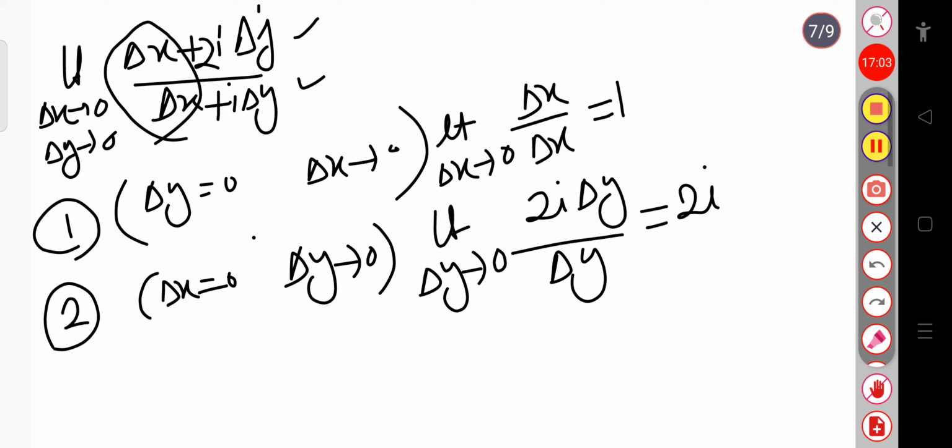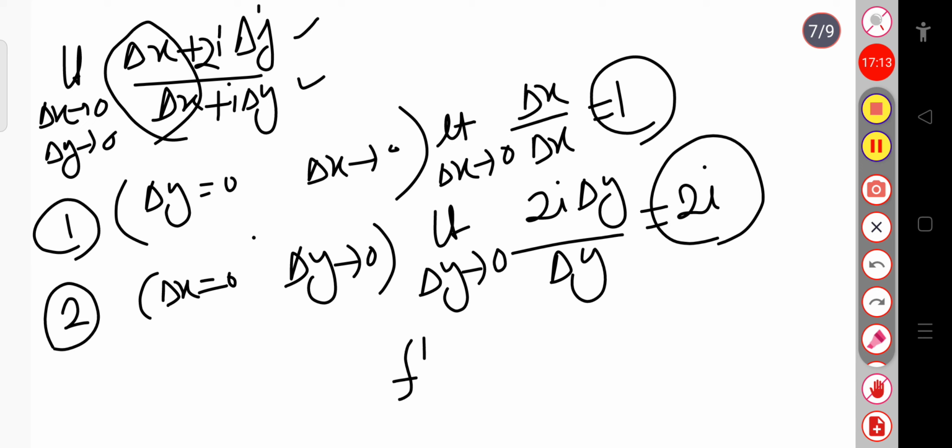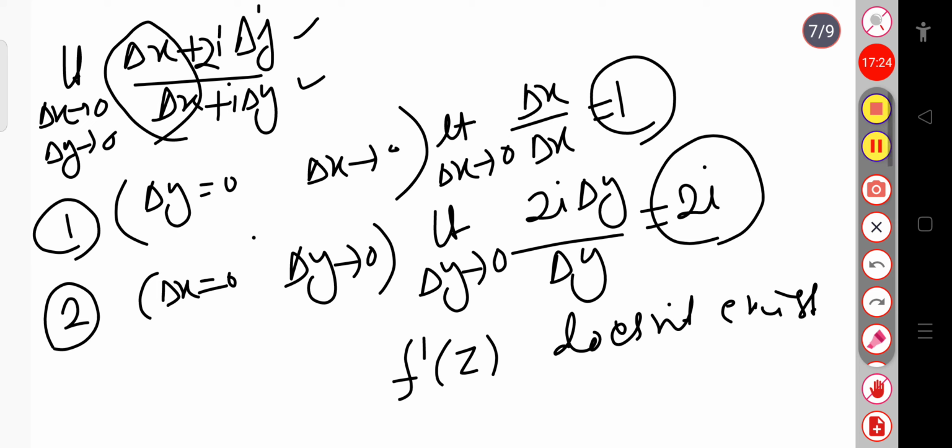You can see that there are two different values, the first is 1 and the second is 2. So this derivative f prime of z doesn't exist. Clear? Because the limit is not unique, that's why it doesn't exist.